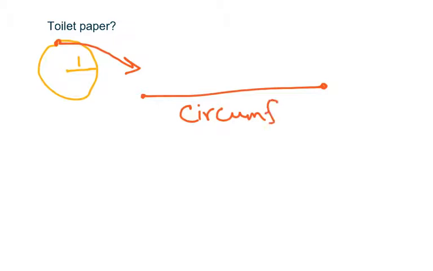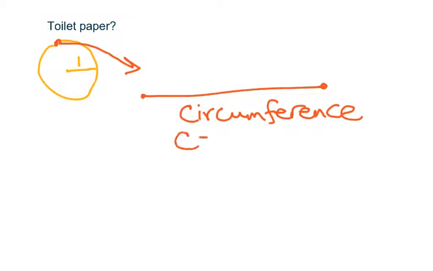If I took this toilet paper and I started here and I unrolled it so that it was a linear measurement instead, hopefully you can visualize this, then this measurement here is actually the circumference. I just take that yellow line and I stretch it out, and that's the circumference.